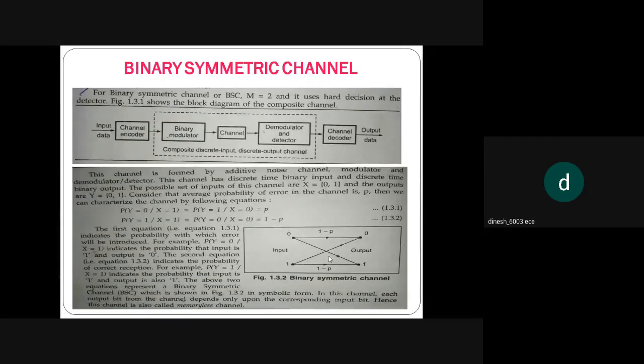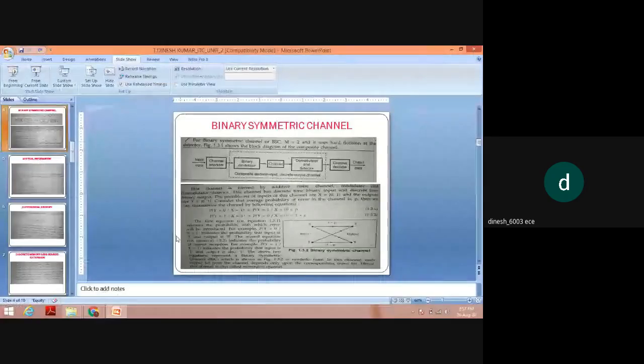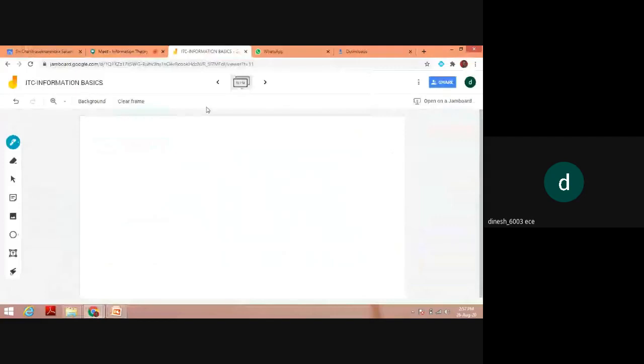Okay, can I draw it in a Jamboard, such that you can also learn how to do it? I'll take this Jamboard. We are dealing with binary, so we have 0 comma 1.